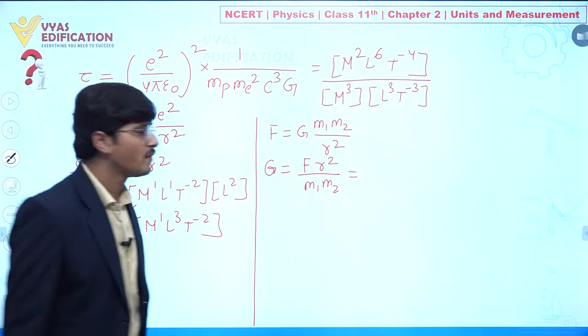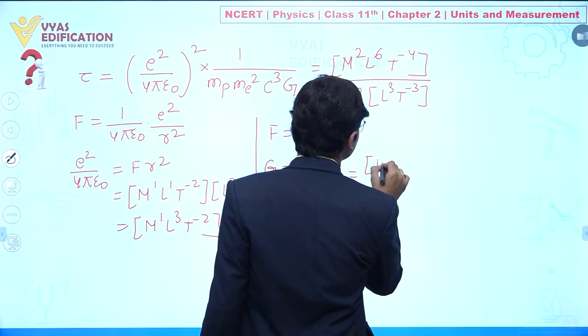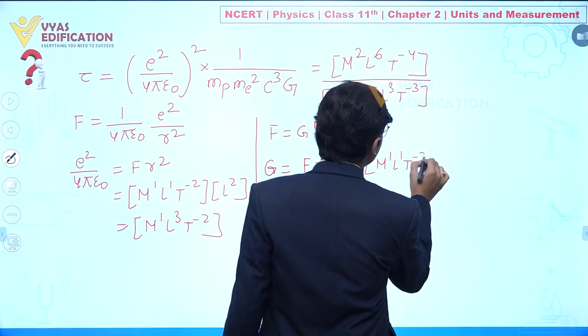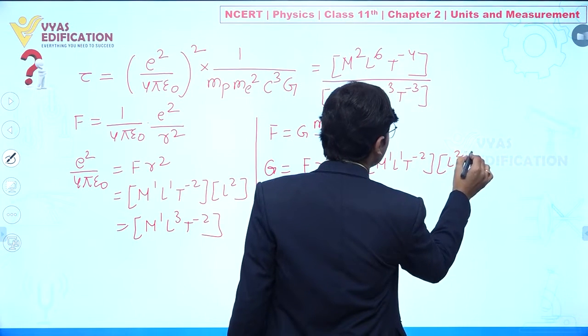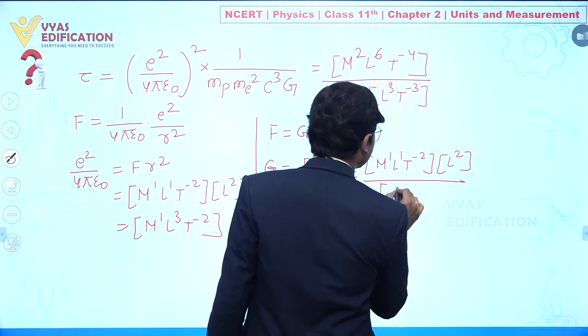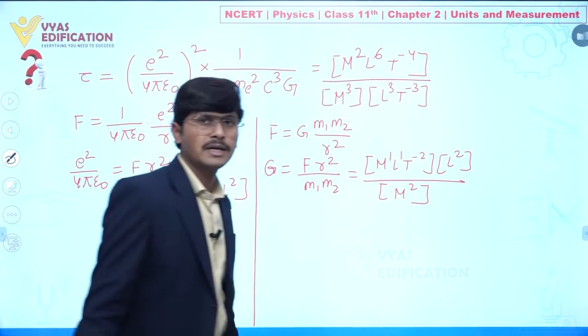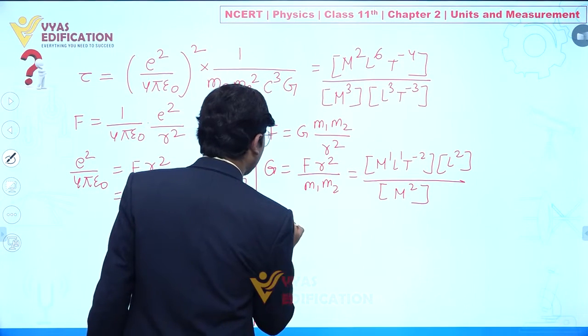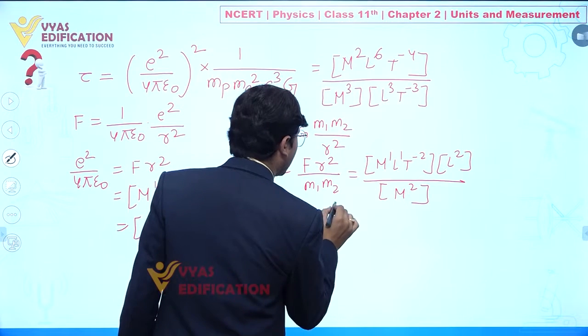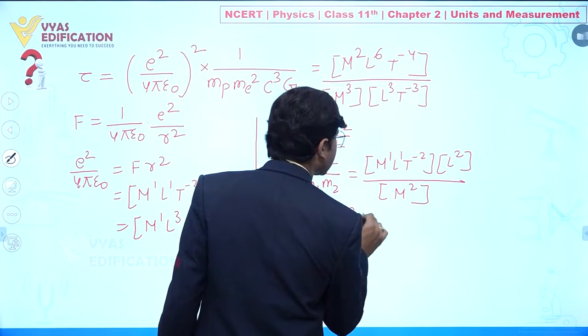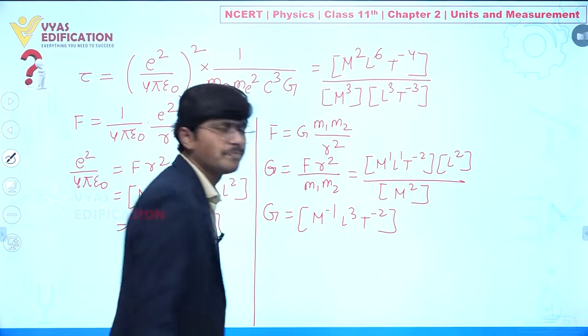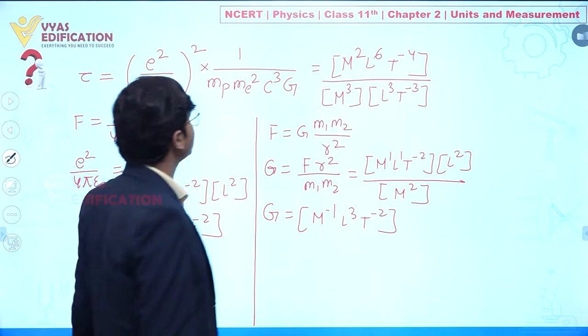The value of F is M1 L1 T minus 2, this is L2, and divided by M2. So capital G is given by M minus 1 L3 T minus 2. So this is the dimension formula of the gravitational constant.